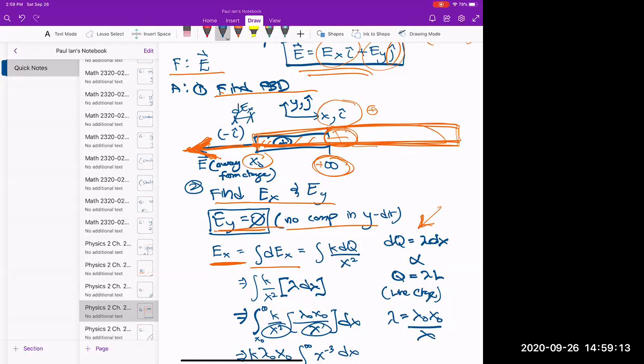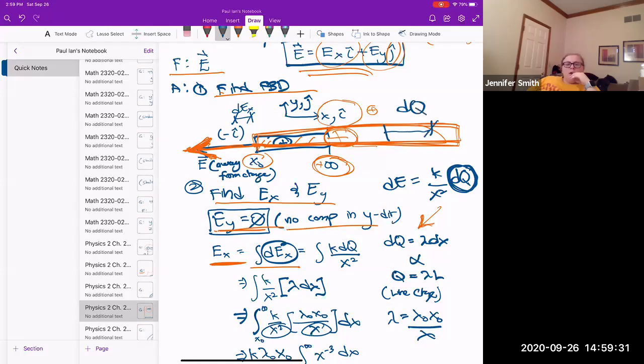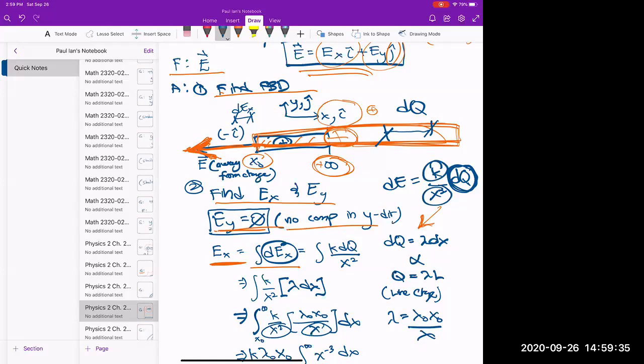So what is dEx? It's just your form, because these are constants. The only thing that can be a differential is the charge, because it extends, right? There's a dq here. K is a constant. This one isn't a constant.